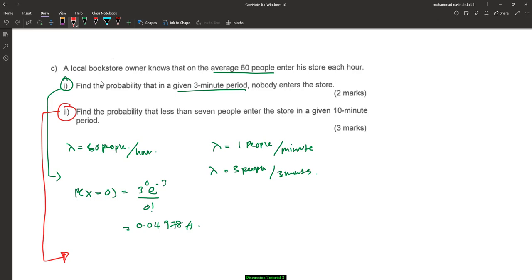So number 2, find the probability that less than 7 people, probability of x less than 7, enter the store in a 10-minute period. So we know that for 10 minutes, it is 10 people per 10 minutes, right? Very simple question. So this one should be probability of x less than or equal to 6.